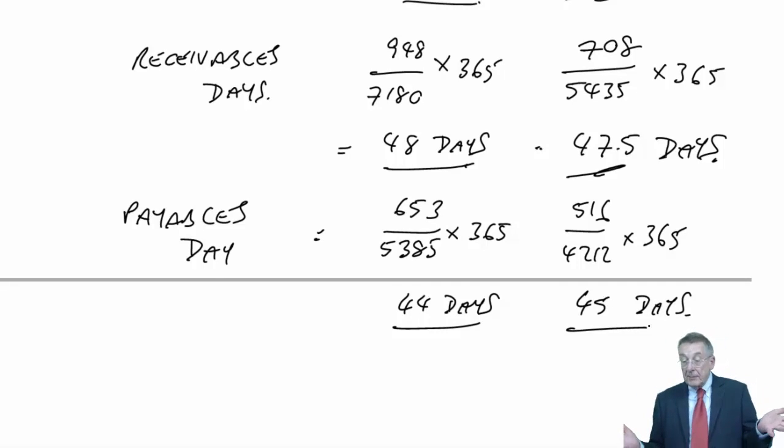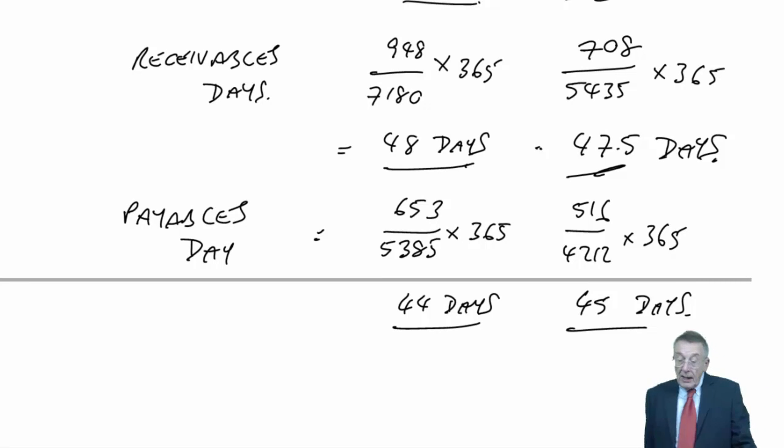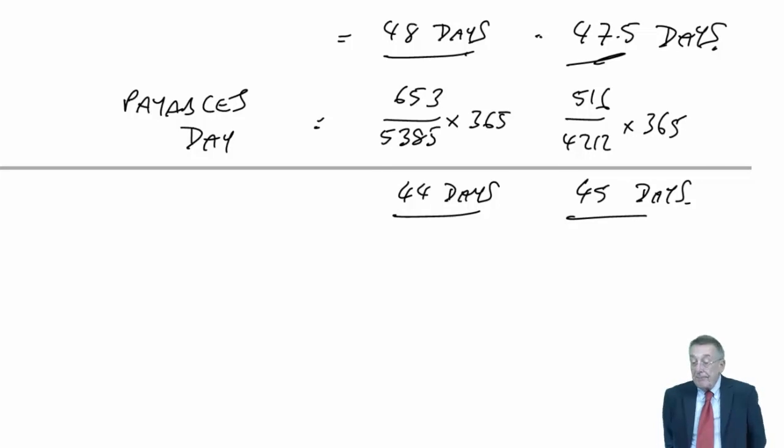So again, the change here is minimal. It's neither here nor there. Again, I'd want to know the industry average. It doesn't appear, you know, if this was very big or very small, I might be concerned.